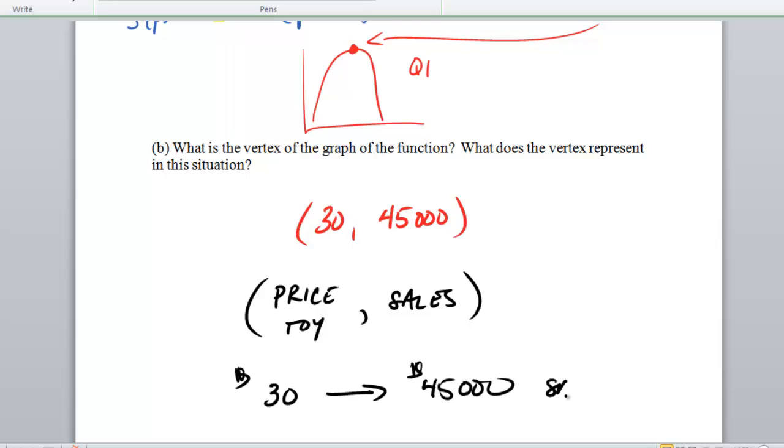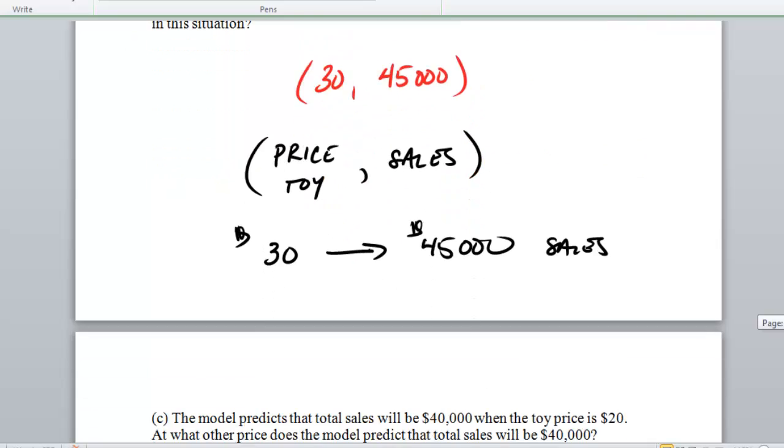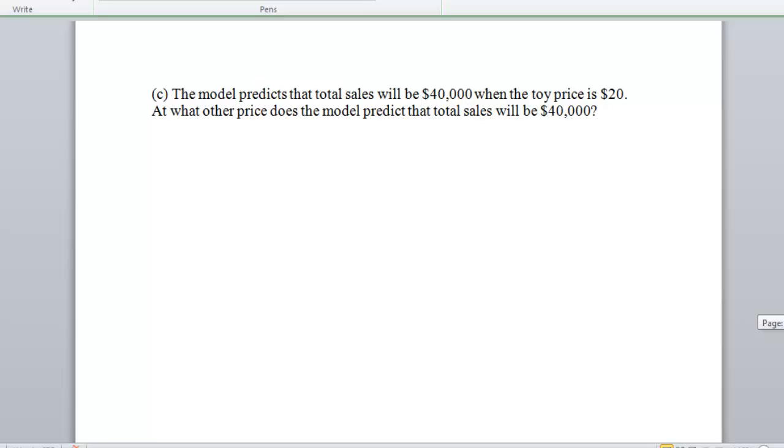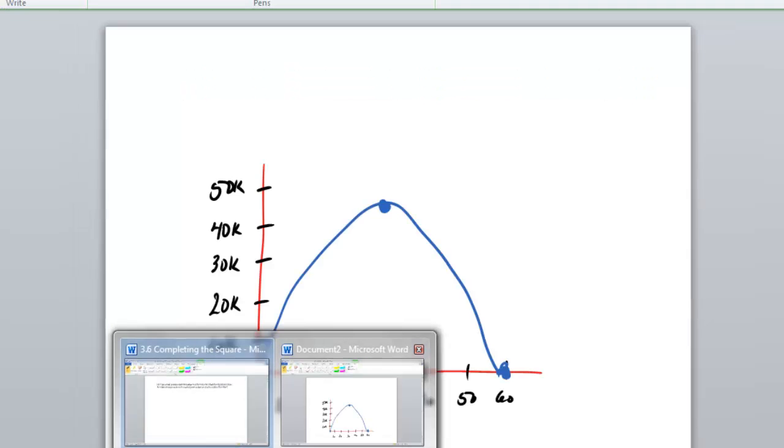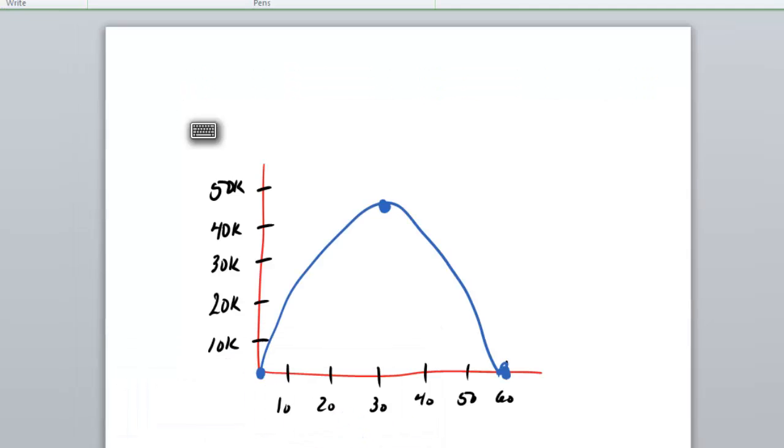Now, the second part, or this last part, the third part, says the model predicts that the total sales will be $40,000 when the toy price is $20. At what other price will it also be $40,000? And so if we look here, $40,000 price level is roughly there, and we can see that, roundabout in my scale, that gives me a $20 price tag.